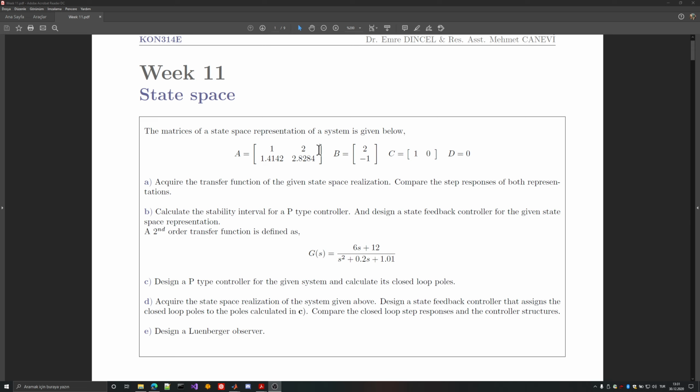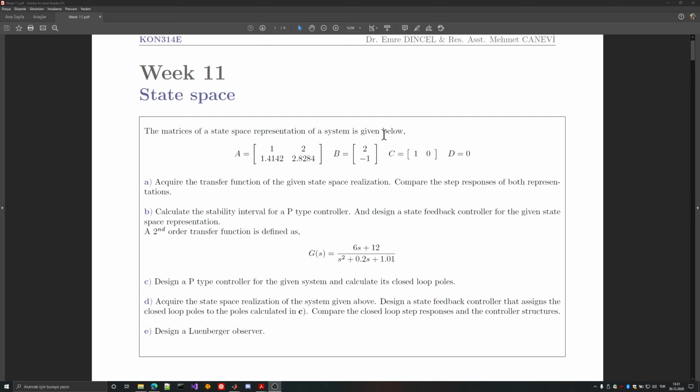Basically, that's the differential equation itself. Cx plus Du will construct then the corresponding output that you're interested in. The relation between input and output is a linear combination of the internal states, and that's the reason why you can have an infinite amount of internal states and connections, but from input to output you will always have the same relation.